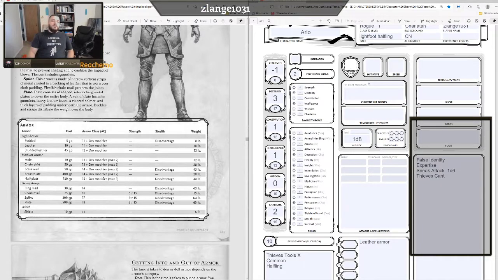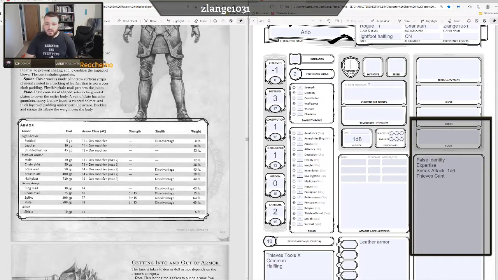So normally how your armor class works if you're not wearing armor is 10 plus your dex modifier, which I don't think it says too thoroughly in the book. I could be wrong, but I've never really seen it. So it's basically 10 plus your dex modifier.